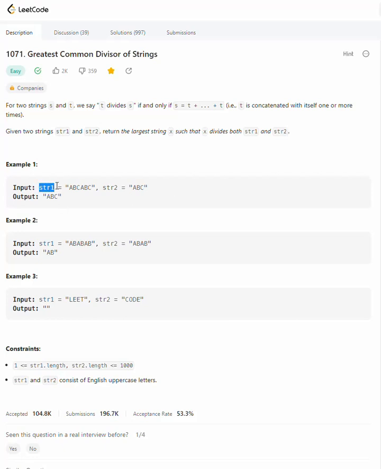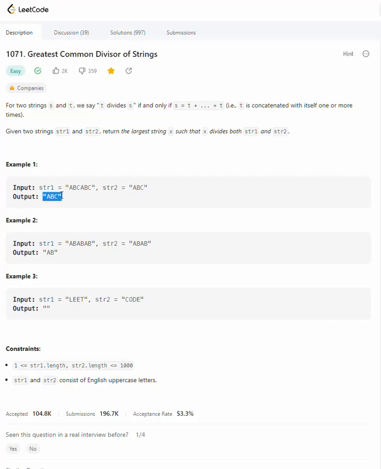Here I have been given string 1 and string 2. We have to find a common string of largest length that can divide both. In this example, ABC, a string that contains three characters, can divide this and this, string 1 and string 2.